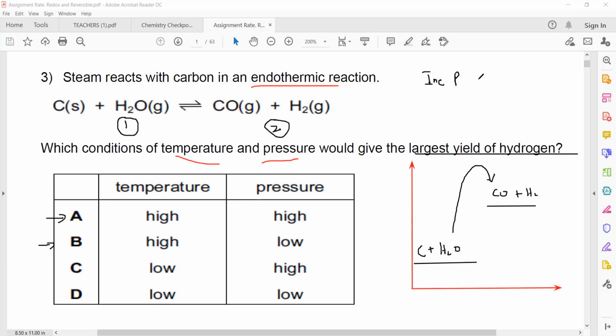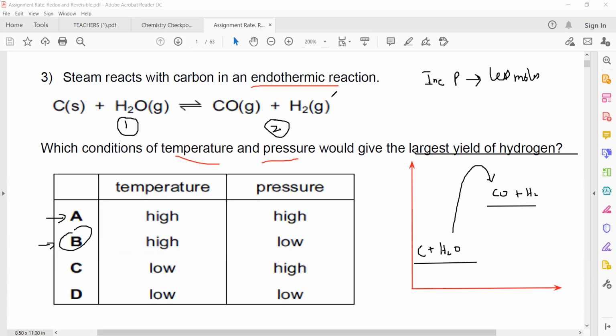If I increase pressure, equilibrium will always shift towards the side where fewer moles are there. So if I increase the pressure, the equilibrium will shift toward left. If the equilibrium shifts toward left, I will not get a higher yield. So I need a lower pressure. That's why B is the right answer.